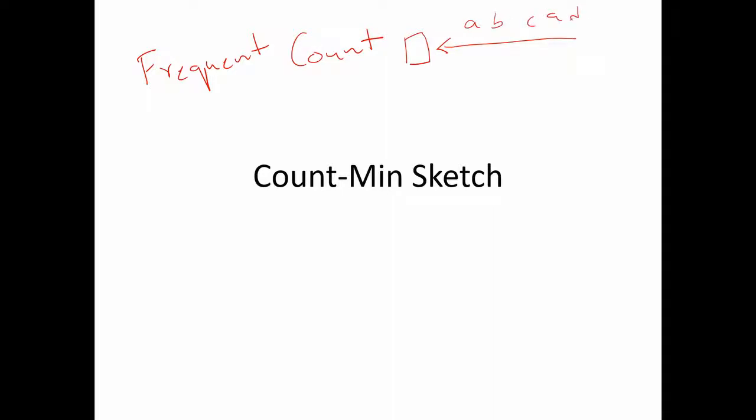Okay. So we were discussing, if you remember, the problem of frequent count, where the idea is that you are given a stream. This is the stream processor and you have a stream A, B, C, A, D, B, and so on and so forth.